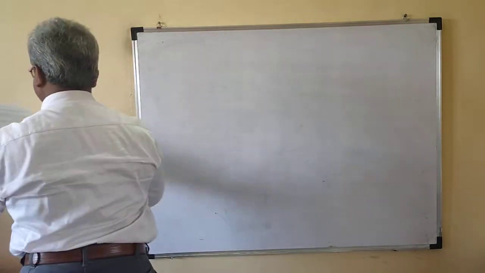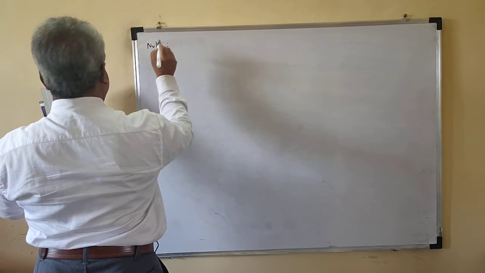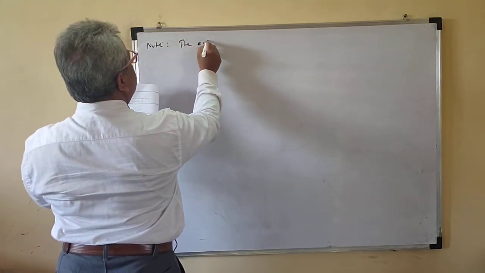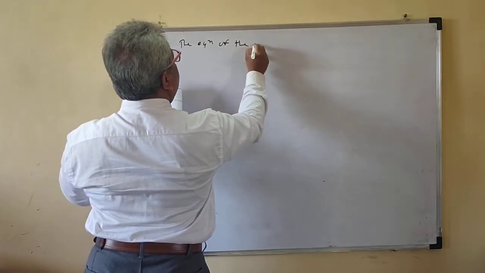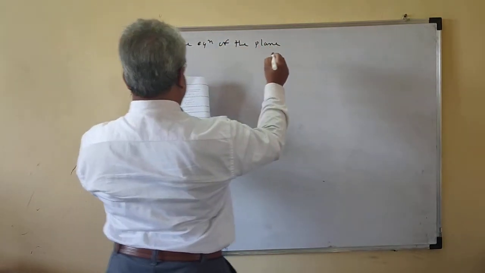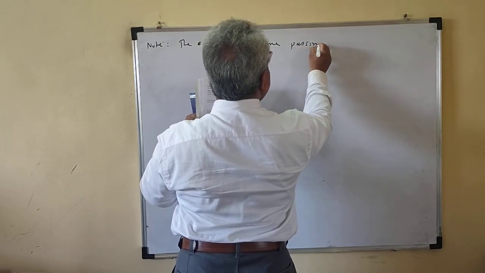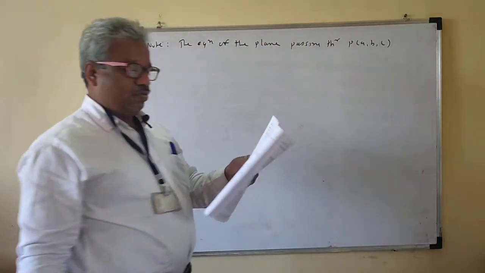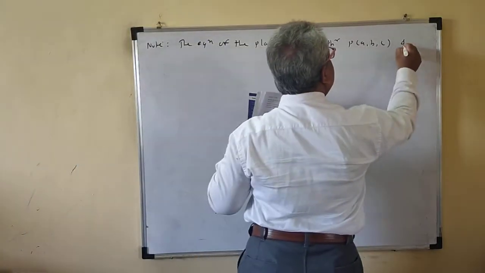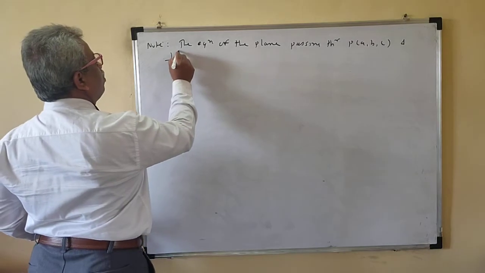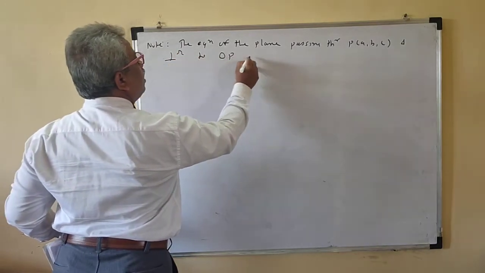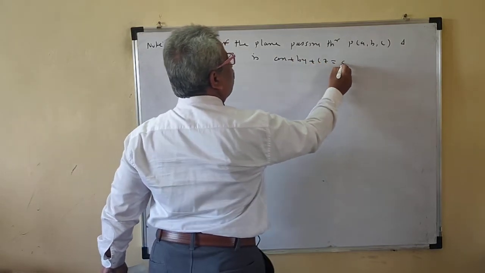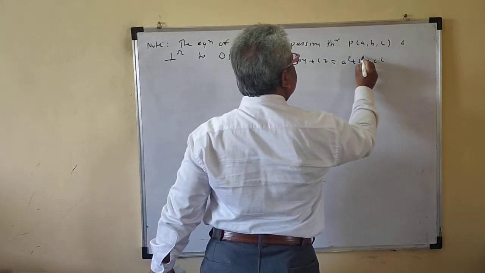Okay, note for objective: the equation of the plane passing through P(a, b, c) and perpendicular to OP is ax plus by plus cz is equal to a square plus b square plus c square.